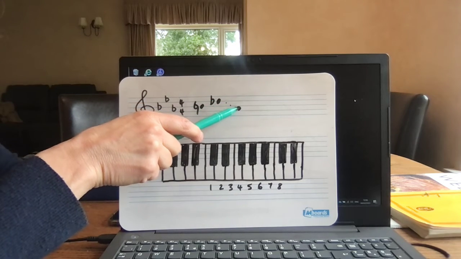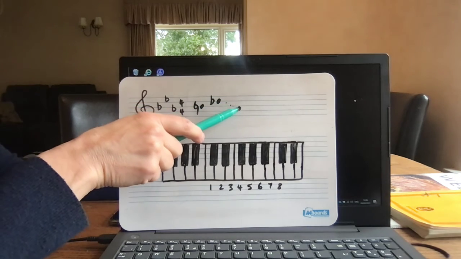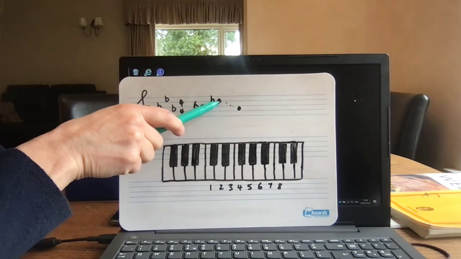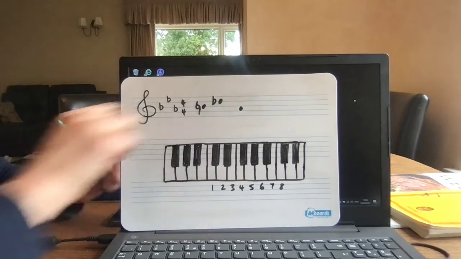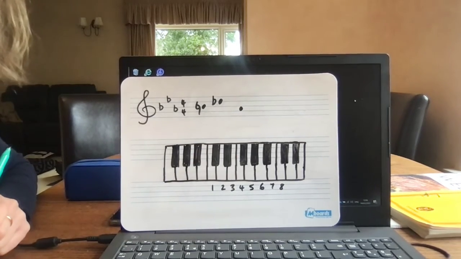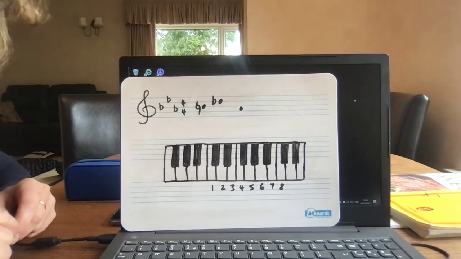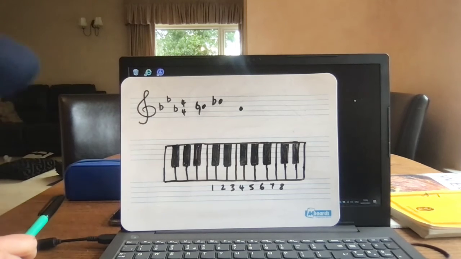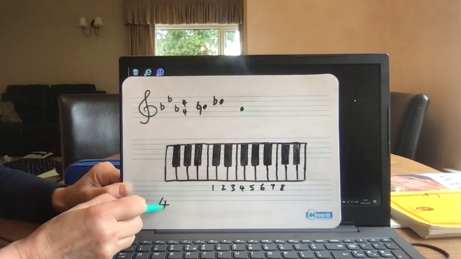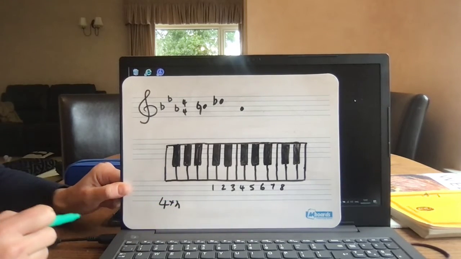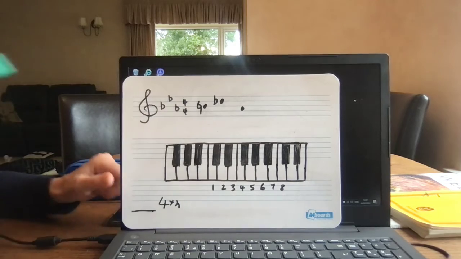So you go space, line, counting 1, 2, 3, 4. It's a fourth, okay? Notice one of them's a space note, one of them's a line note, so it's always going to be an even interval in that case. It's a fourth. Right, it's a fourth. We're going to write that down so we don't forget. It's definitely a fourth. We don't know what type of fourth.